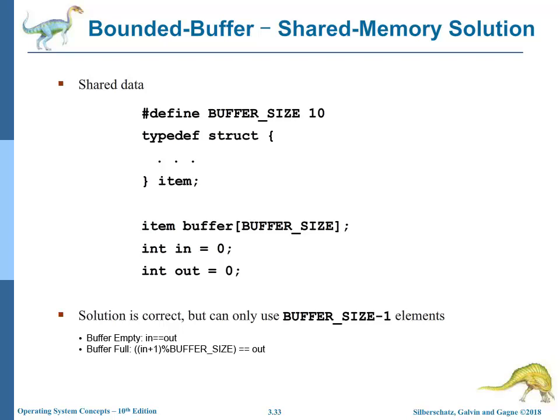The buffer is empty when in equals out. The buffer is full when (in + 1) modulo buffer_size equals out. In this type of implementation, the buffer can only use buffer_size minus 1 elements.